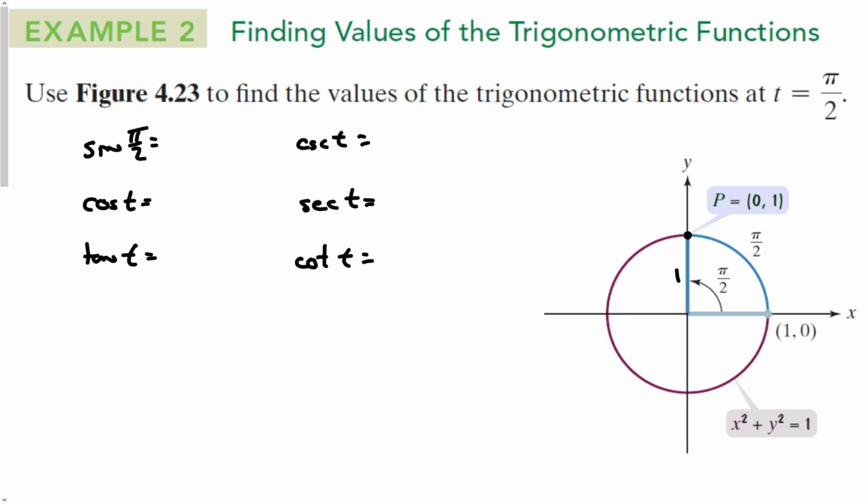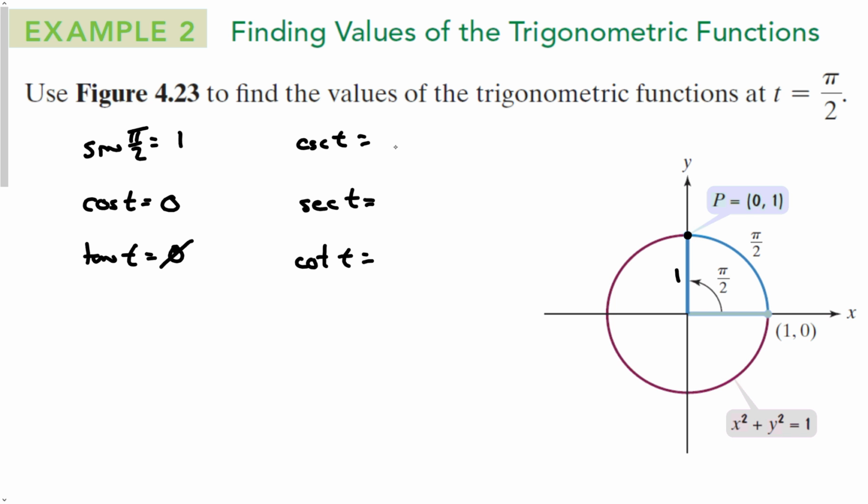Okay, so the sine of pi over 2 is going to be the y coordinate. The cosine is going to be the x coordinate. The tangent is going to be y divided by x, which you cannot do. So the tangent of pi over 2 is undefined because we take 1 divided by 0 and it doesn't exist.